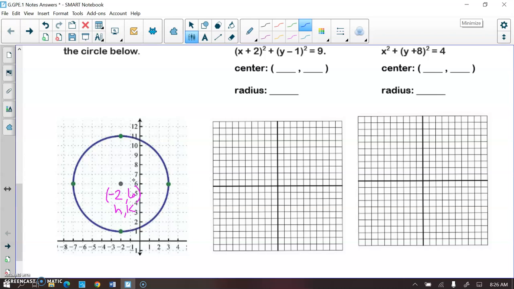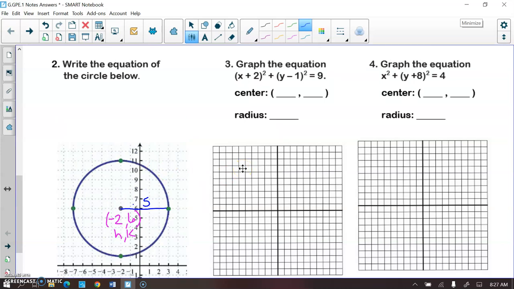You can also use the vertical one, but horizontally is 1, 2, 3, 4, 5. So we have a radius of 5. So 5 squared is a 25, and that is equal to x minus a negative 2, which is the same thing as an x plus 2, squared, plus y minus 6 squared. And that's it.